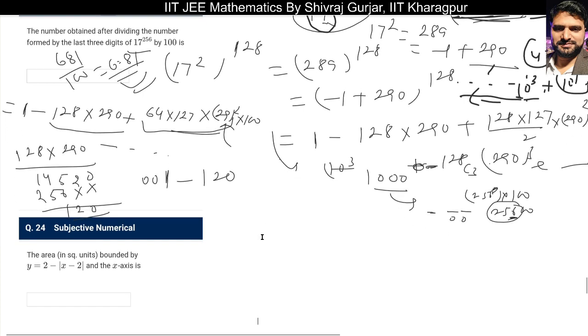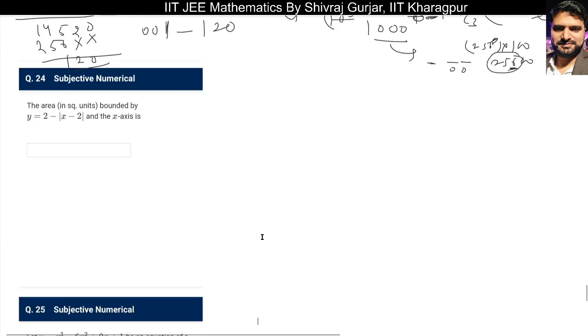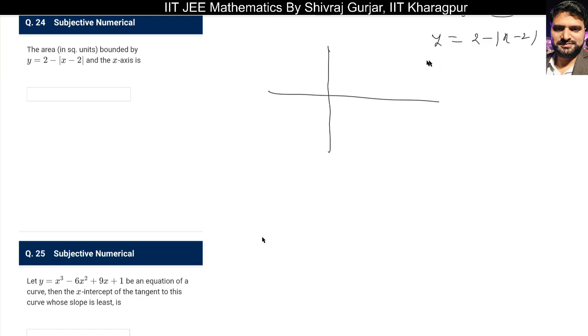The area bounded by y equals 2 minus modulus x minus 2 and the x-axis. So this is y equals 2 minus modulus x minus 2, which is given. First, remove this modulus.